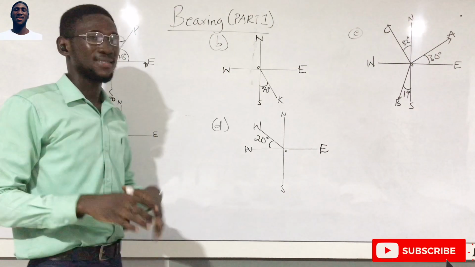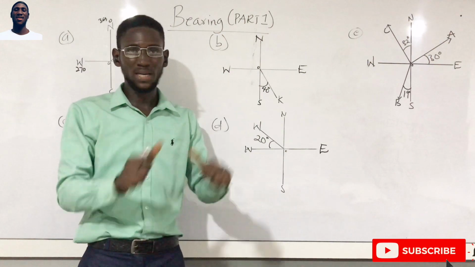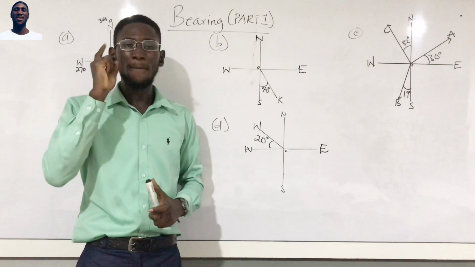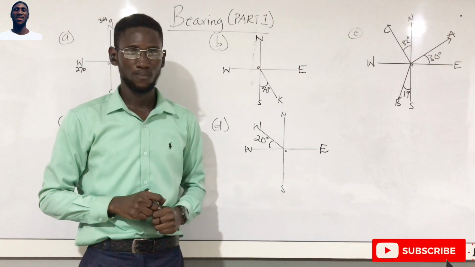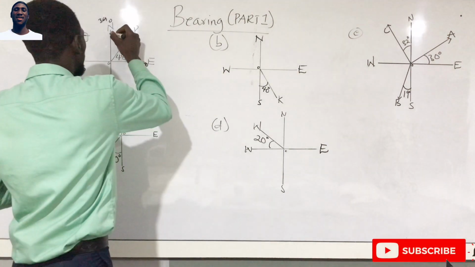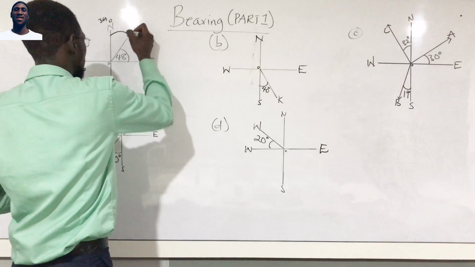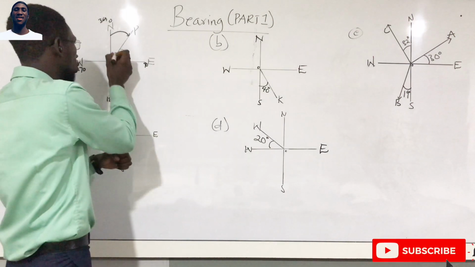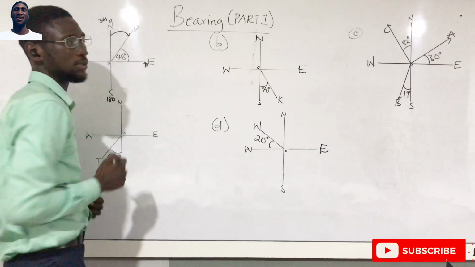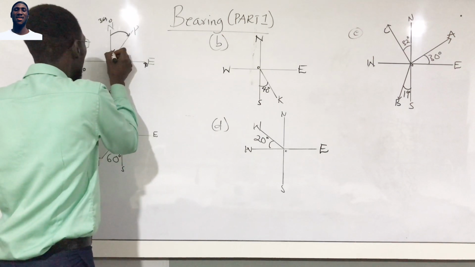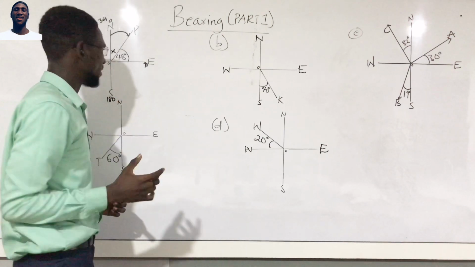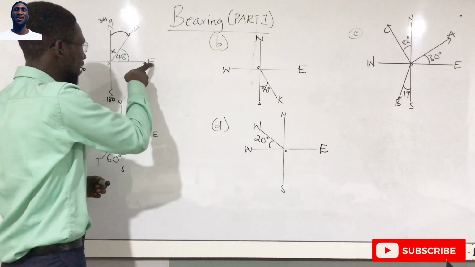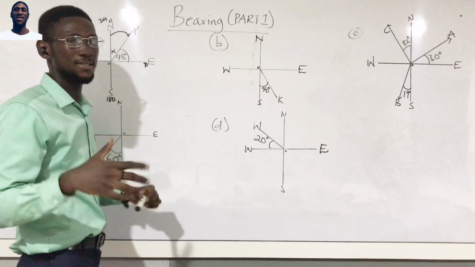Now, this information I'm about to give you is very important when it comes to bearing, especially with diagrams. All the time we take our bearings from the north. So from the north to our P. So this is where our angle is supposed to be. So the bearing of P from O should be in between north and P. So let's call it X over here. You have X here, you have 48, and everything between north and east equates to 90 degrees.